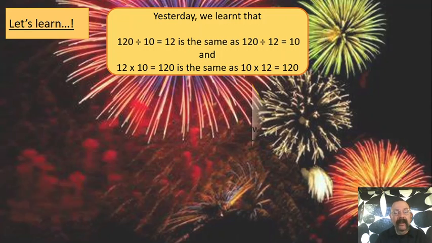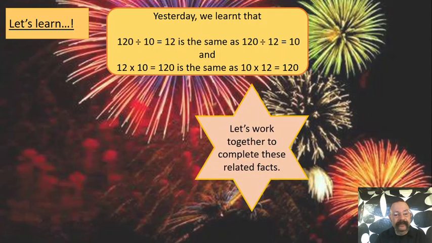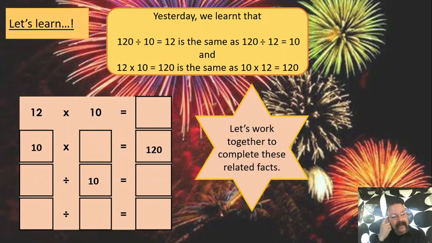So I want you to have a look at this example. So if we know that 12 times 10 is, what could that be? Have a little think. 12 times 10 is 120. Then we can work out that 10 times something is 120. So we're going to use the numbers that we've got already.